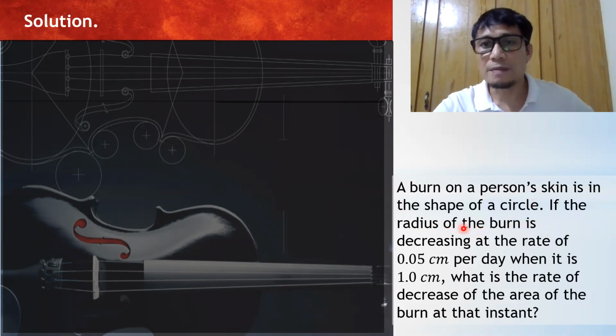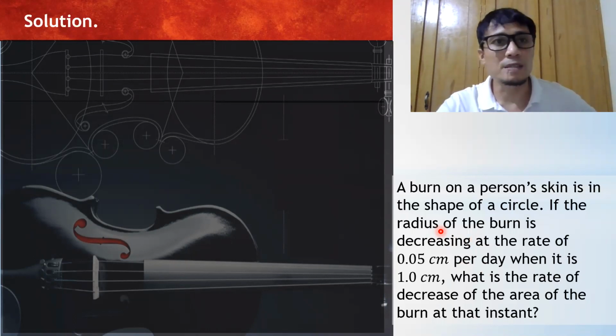And aside from that, it says here that the radius of the burn is decreasing at the rate of 0.05 centimeter per day. So again, we have here the rate of change of the radius with respect to time, or we denote that by dr dt.